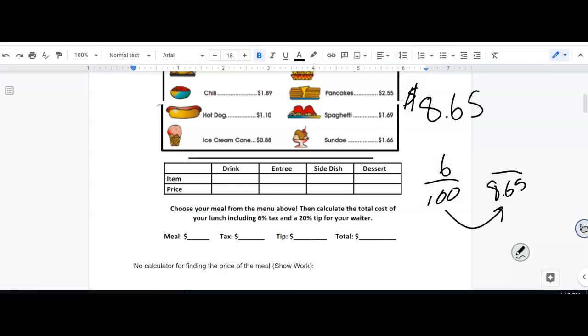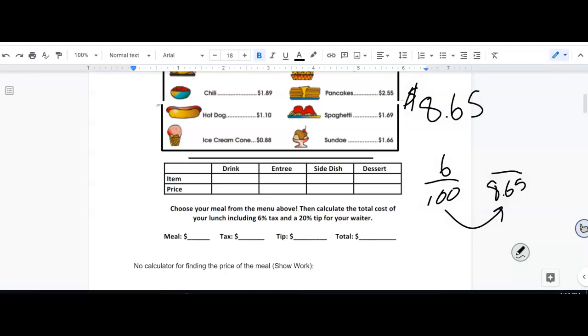If you want to use the equation, it is the percent times the whole equals your part. So $8.65 times 6%. That is your tax. All right? Is everyone good with that?